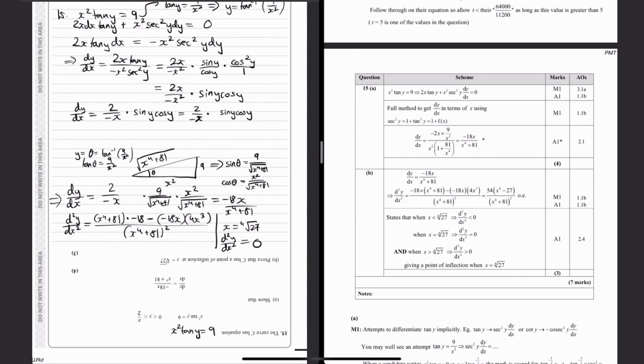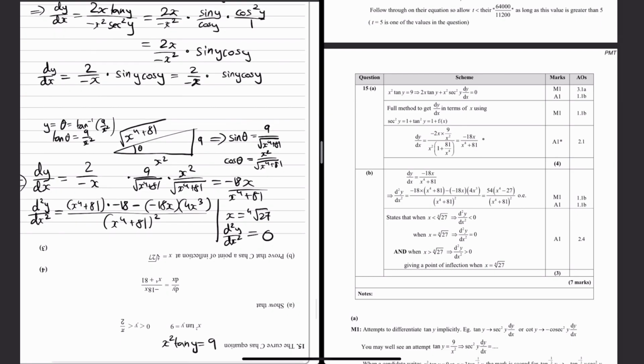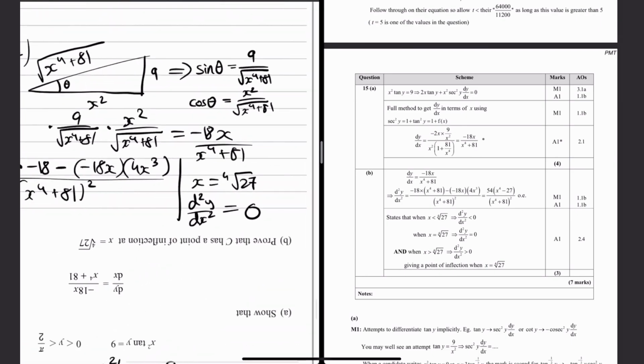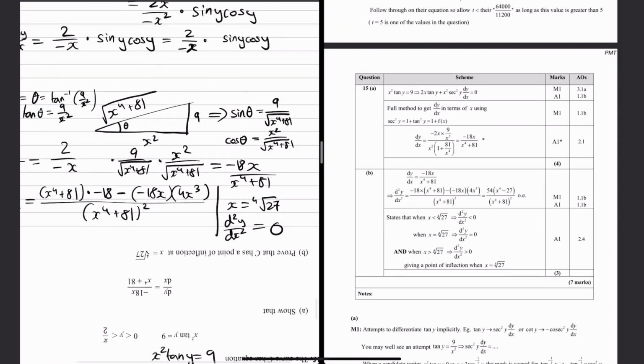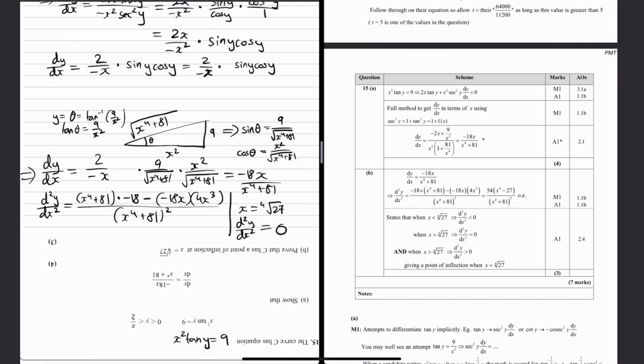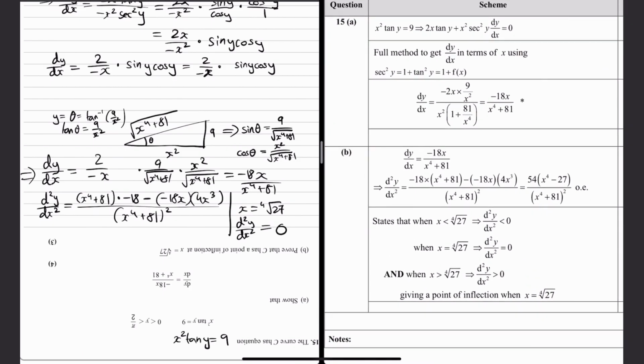Okay, question 15b, we have lost another mark. Basically, to prove it's a point of inflection, you can't just put this into the second derivative and show it's equal to 0, because you also need to show that when x is before it, the second derivative is less than 0.